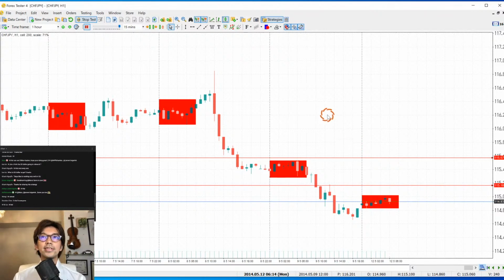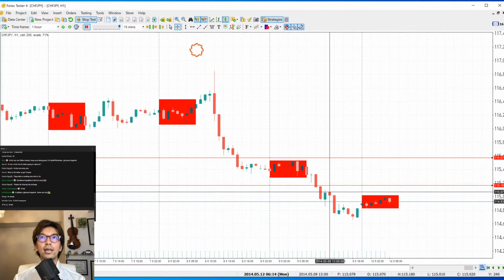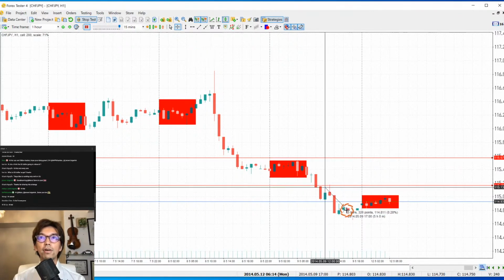So here in this case, the price went downwards all the way after the Asian session ended, and I think it went downwards about 40 pips. Now it's retracing backwards.